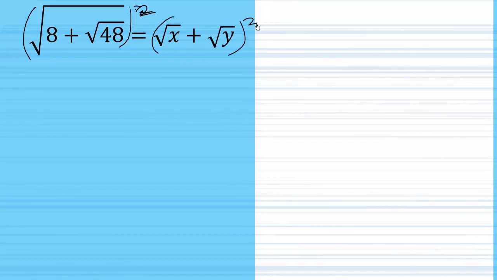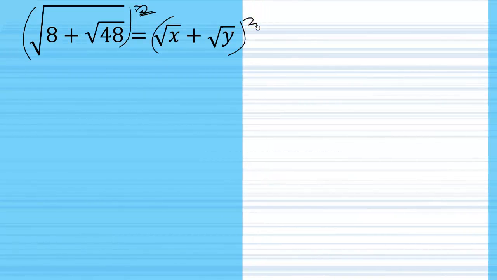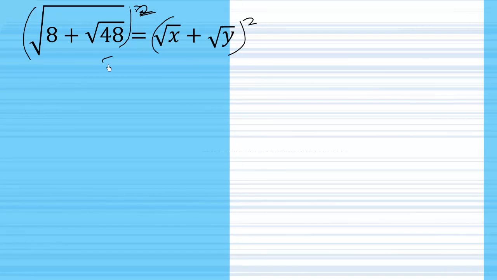So remember that when we have this perfect square, a plus b all squared is equal to a squared plus 2ab plus b squared.